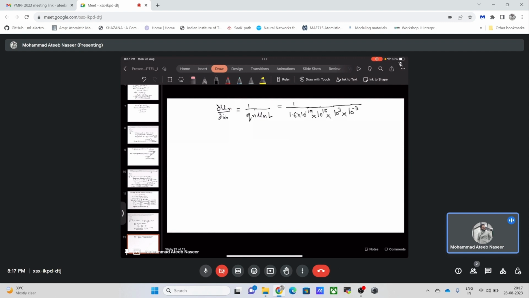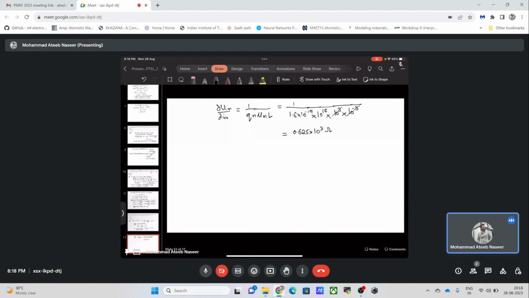Now if I solve for this, this is 10 to the power of minus 3, it would become 10 to the power of 3, 1 divided by 1.6, 1 divided by 1.6 is 0.625, so it is 0.625 into 10 raised to the power 3 ohms.